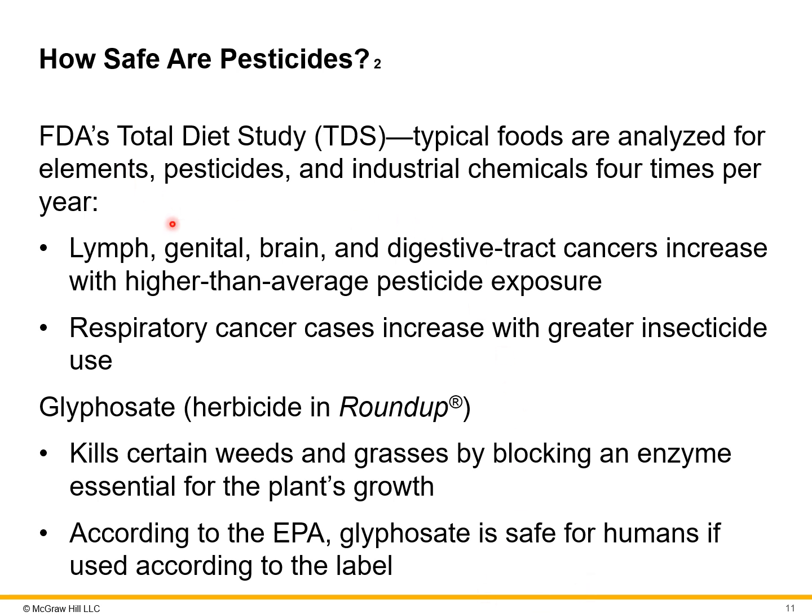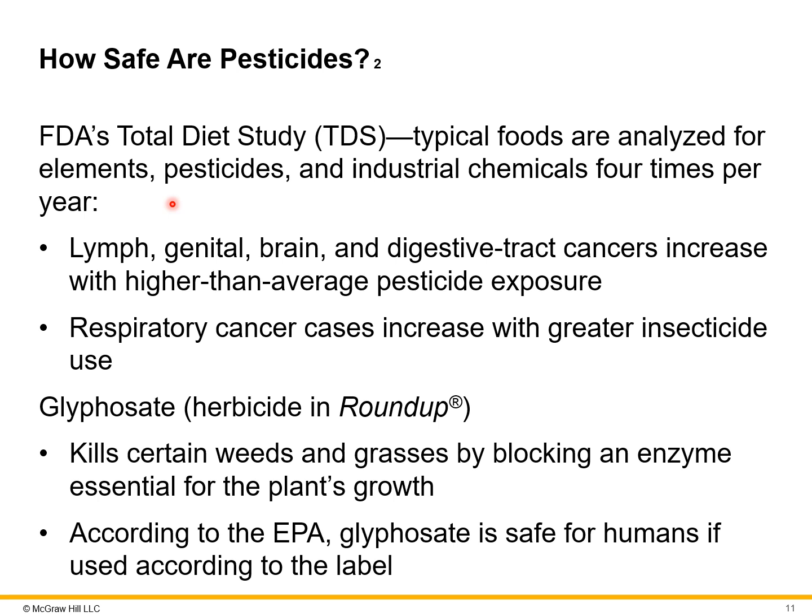The FDA's Total Diet Study, TDS, analyzes typical foods for any type of element, pesticides, or even industrial chemicals, and it's done 4 times per year. It looks at different types of tissues and cancers, like lymph, genital, brain, and digestive, anything that those nutrients would be likely to go through within your body.